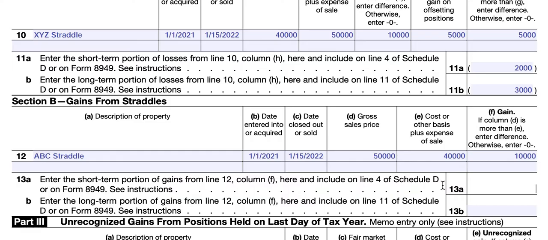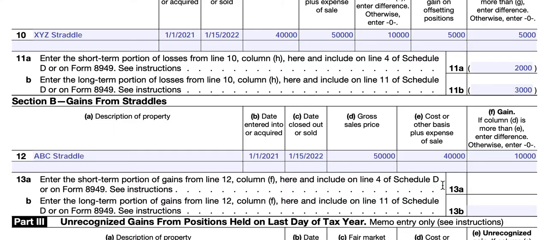For line 13B, you would enter this in Schedule D if you're not deferring any of your gain in a QOF. Otherwise, you would enter it in Part 2 of your Form 8949.